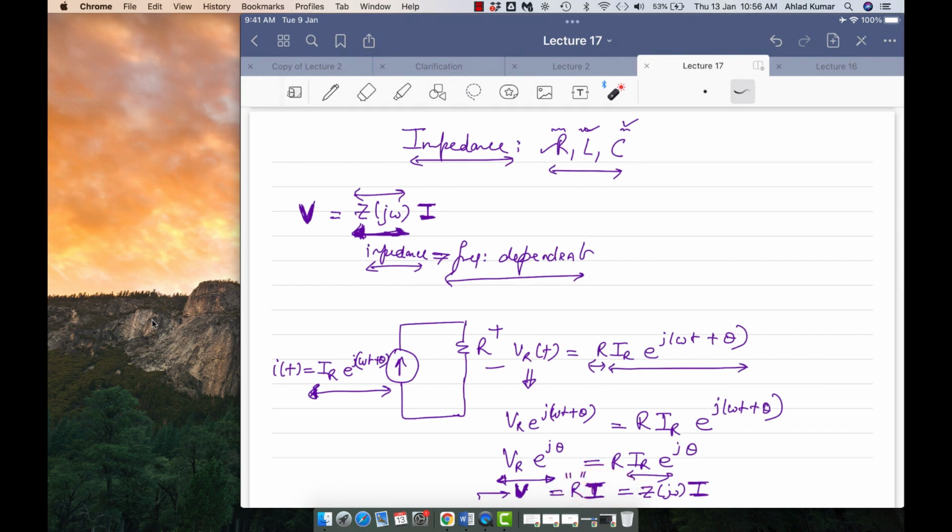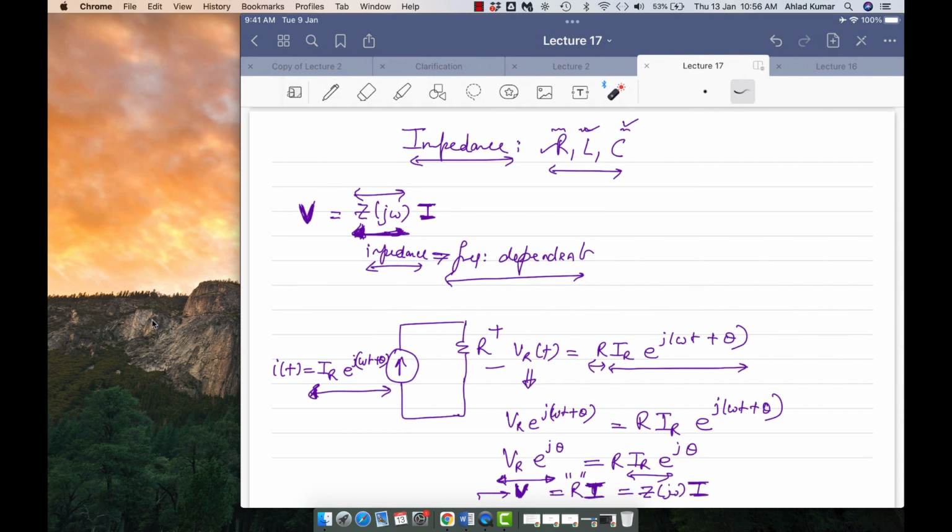So hardly do we gain any insights when we have resistors in AC circuits. Resistors are as good as there is no variation in them, so we do not get any insightful understanding of what's going on for resistors, but we definitely will for the capacitors and the inductors, which we will do now.